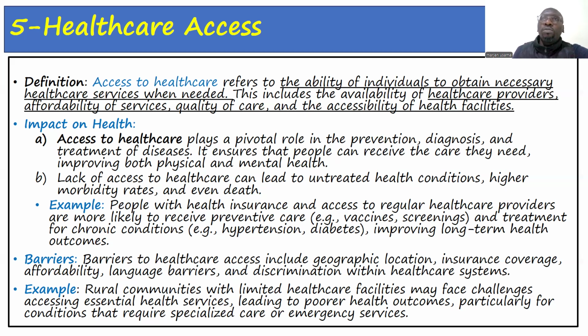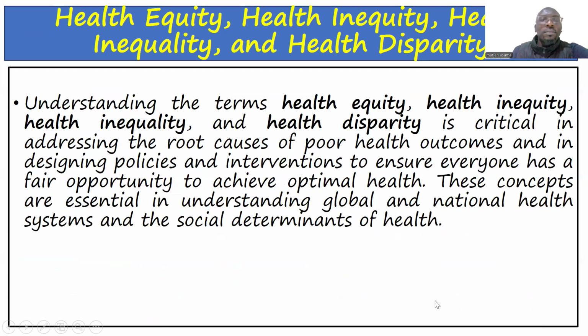They cannot understand you, the health professionals. And sometimes there is discrimination within the healthcare system. So, for example, rural communities with limited healthcare facilities may face challenges accessing essential health services, leading to poorer health outcomes, particularly for conditions that require specialized care or emergency services.